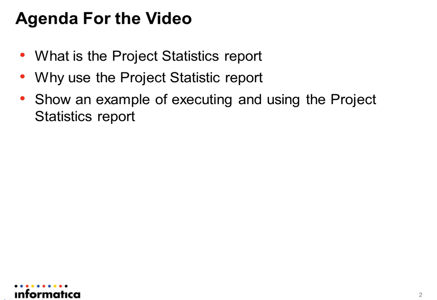The project statistics report is contained in the Test Data Management Data Subset for use with SAP product and allows you to run a report on projects that you've run previously to determine different statistical information pertaining to that project, such as what tables were provisioned from one source to the target, how much data was moved in kilobytes, megabytes, gigabytes, the number of rows provisioned, and the time it took to move that data.